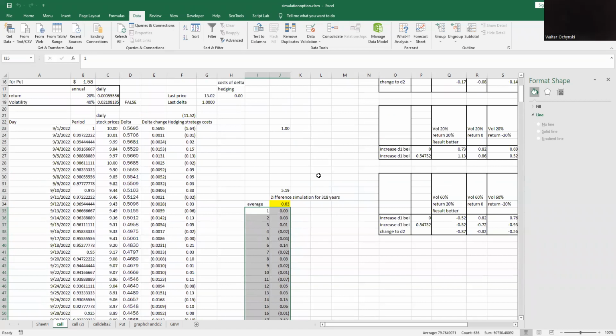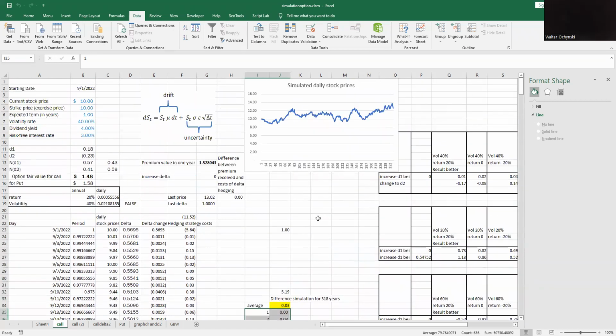So on average, yes, Delta Hedging fulfills the promise, as the calculation per the Black Scholes formula is correct, but every 100 years the situation can look different.